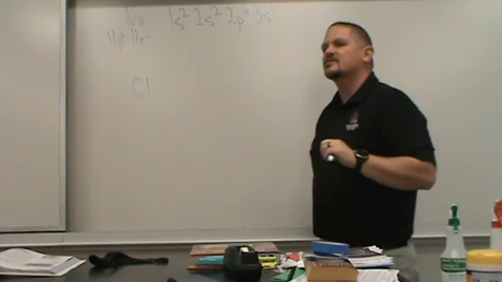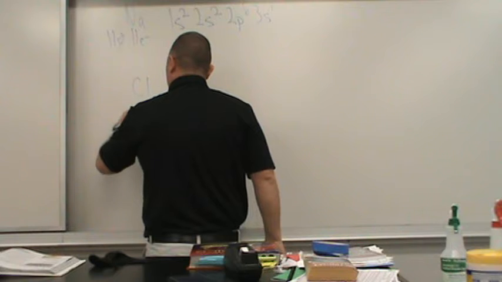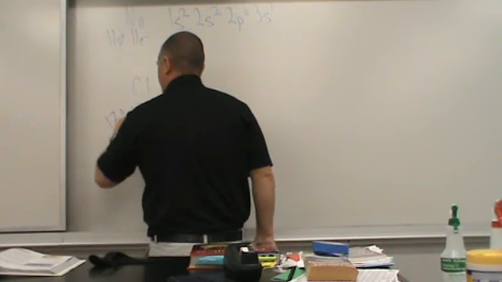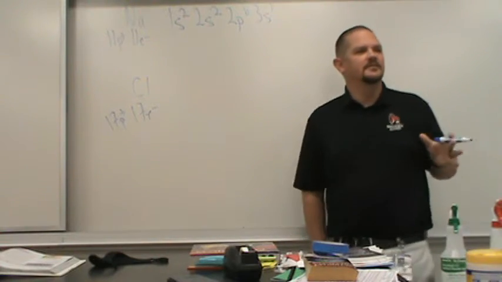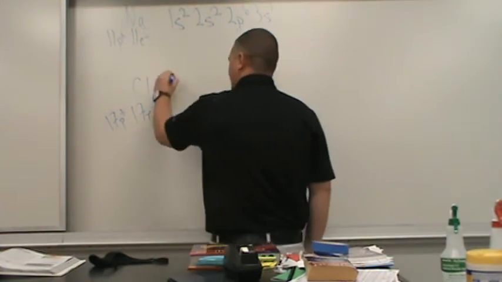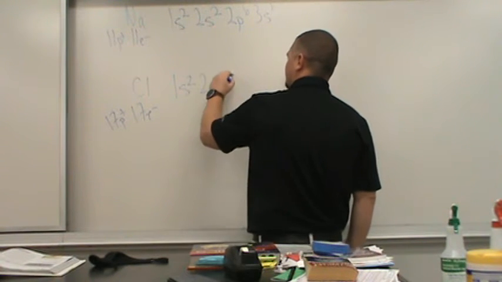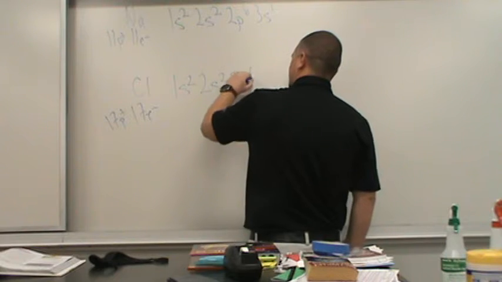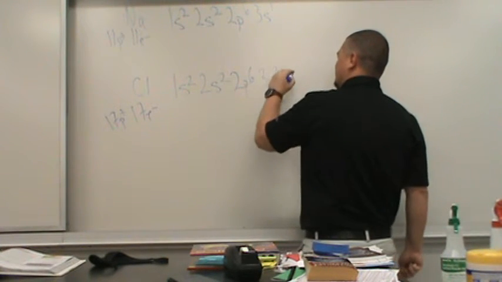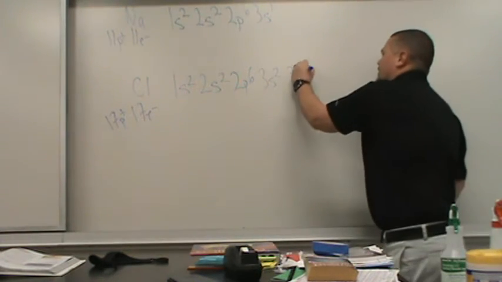Now let's look at chlorine. How many electrons does chlorine have? 17. How many protons? 17. Okay, so let's do chlorine's electron configuration. We start off with 1s2, then 2s2, then 2p6, then 3s2, then 3p5.